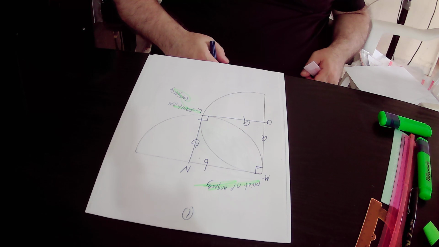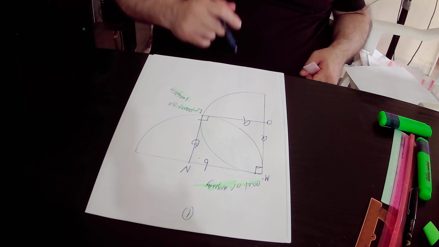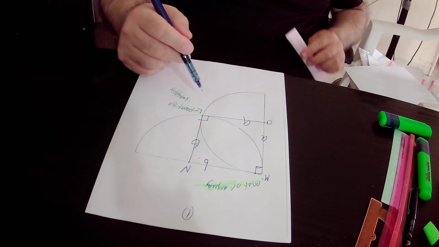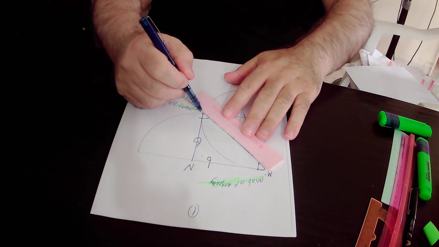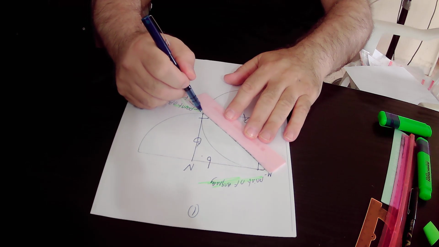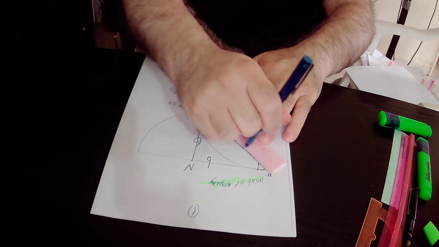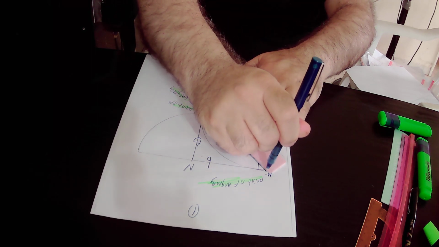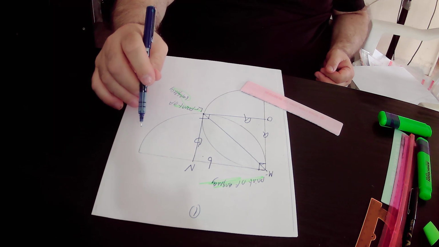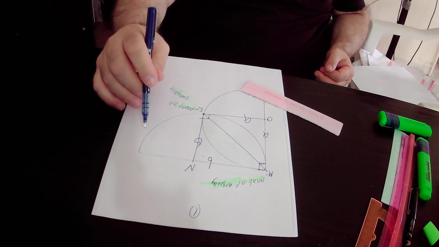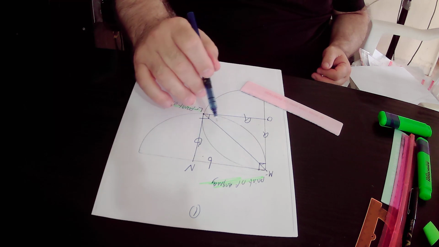In the next step, we'll join points M and L together by a straight line, and we will join points O and N together by a straight line.